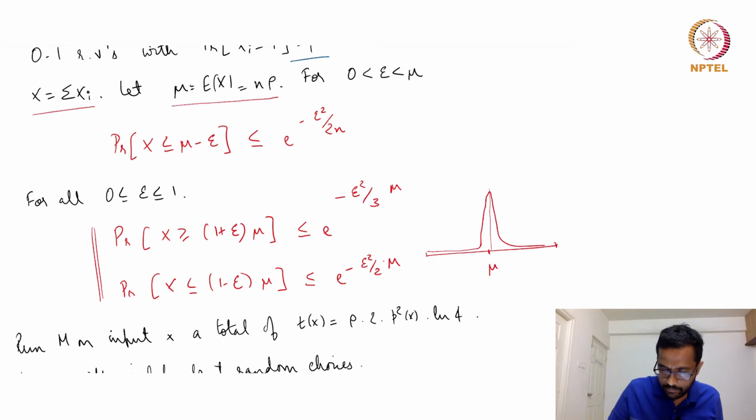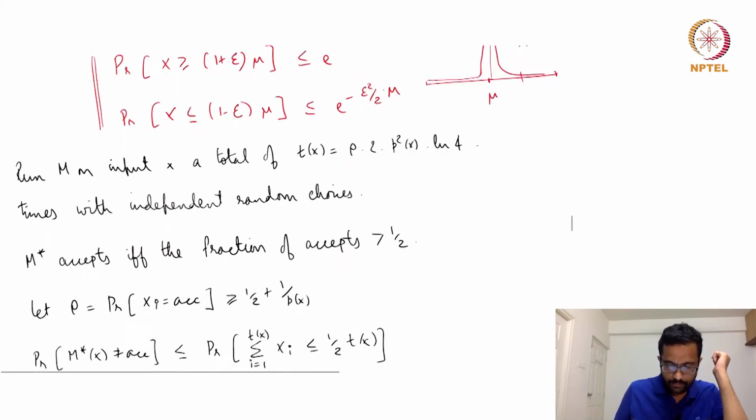The distribution of x is very likely to be strongly concentrated around the mean. It is unlikely to vary significantly. The probability of x moving significantly away from mu in the positive or the negative side is very, very low. So the probability of x going far away is very small. That's what Chernoff bound says.